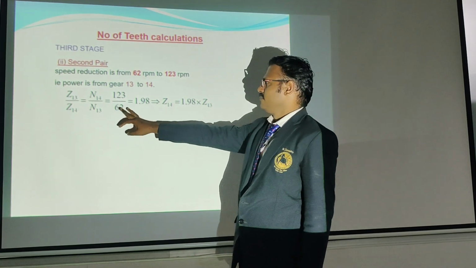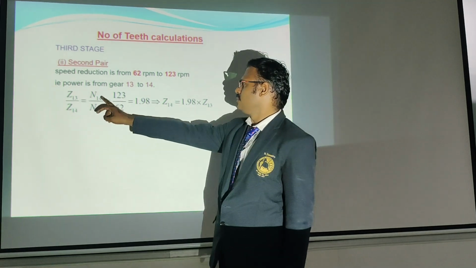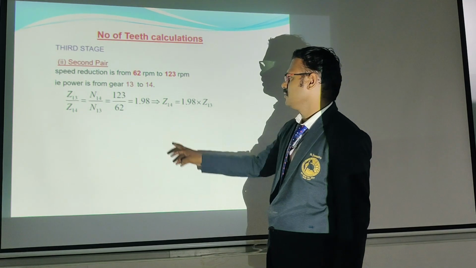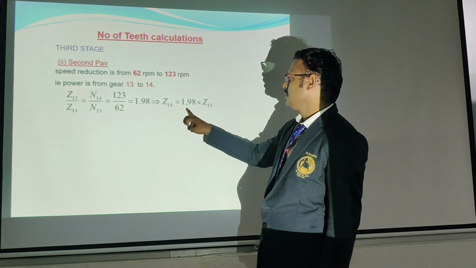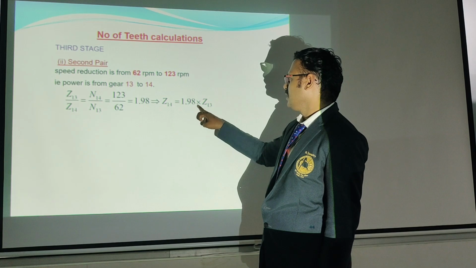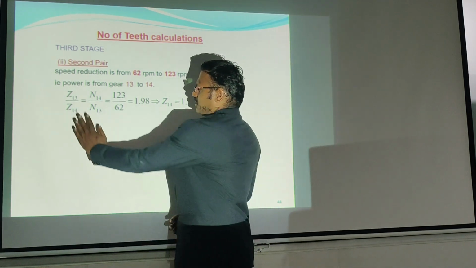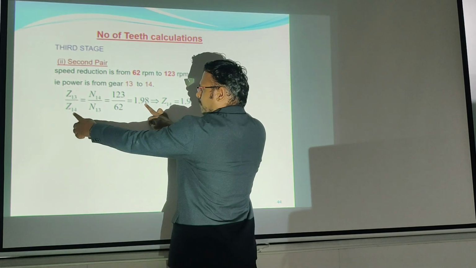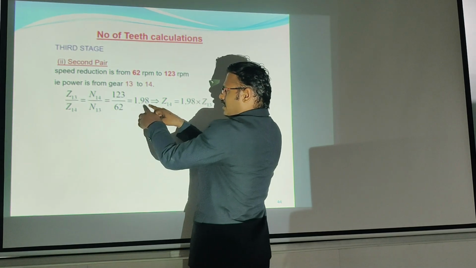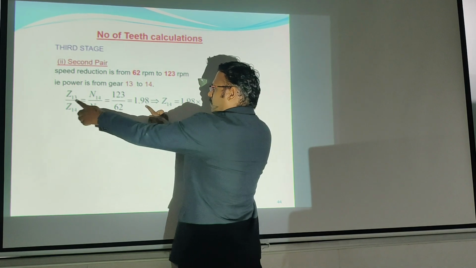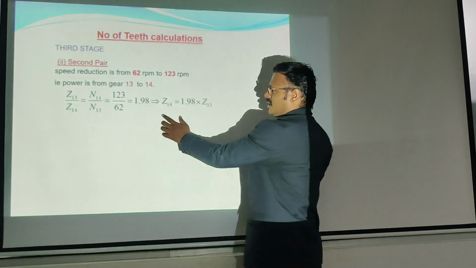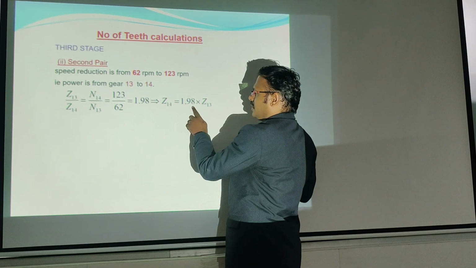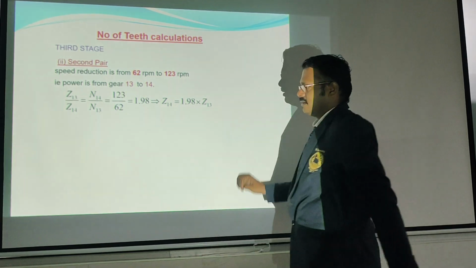So the value is 1.98. So Z14 equal to 1.98 into Z13. Z13 divided by Z14 equal to 1.18. So I am multiplying this Z14 into 1.98 equal to Z13. So Z14 equal to 1.98 into Z13.